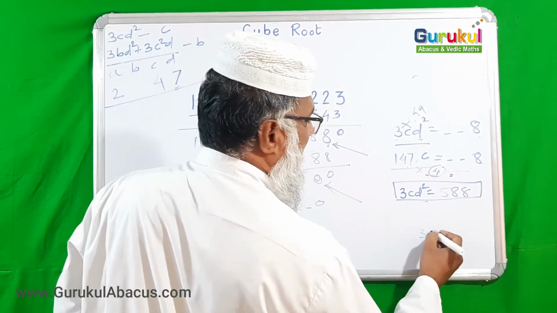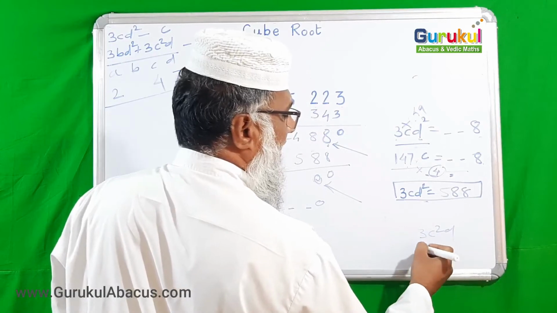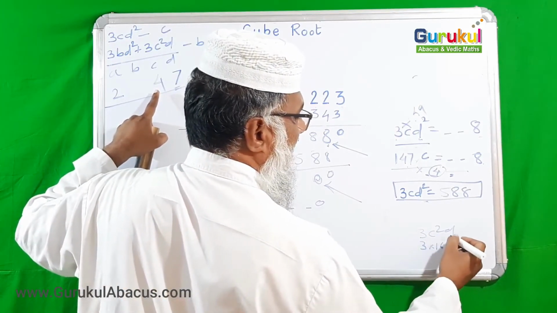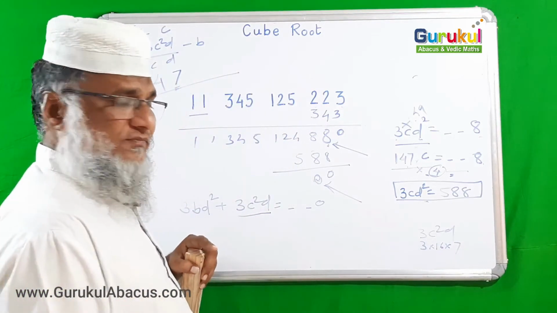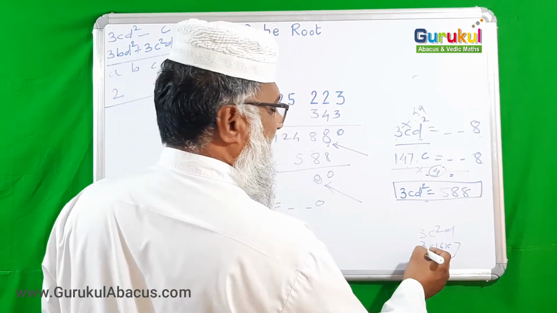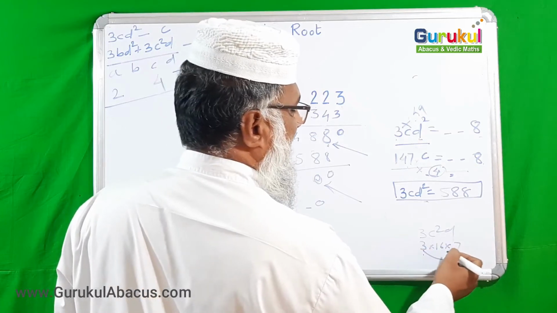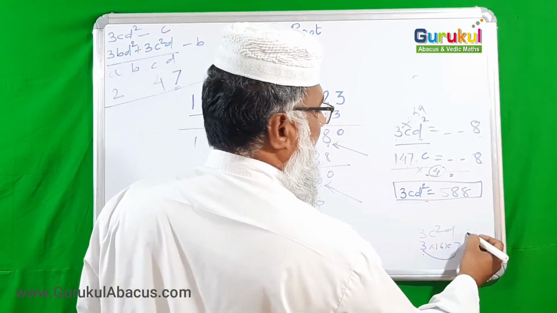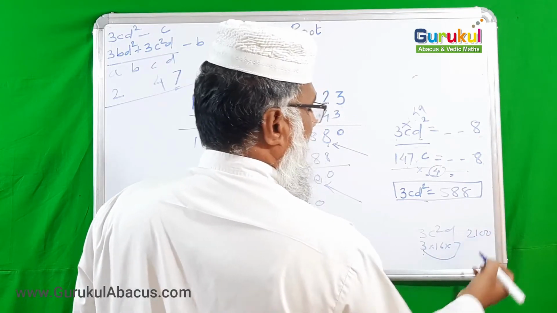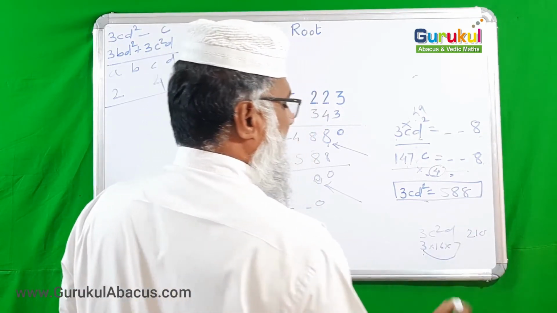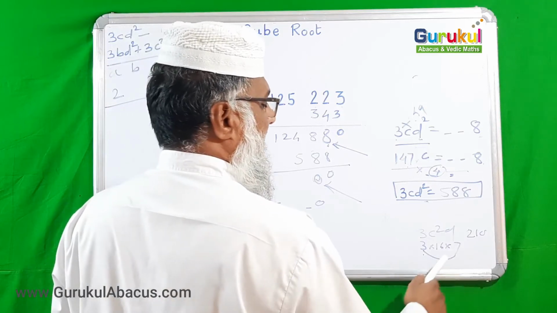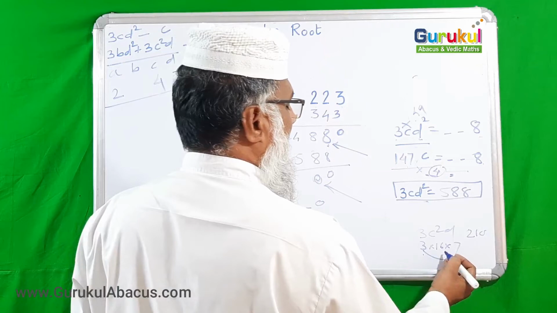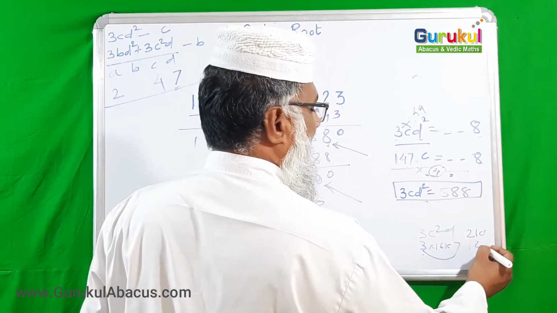So it is 3c square d. 3 we have. Now c square is 4 4s are 16, and d itself is 7. Now 7 3s are 21. 21 into 16. 21 10s are 210, and 21 6s are 126.